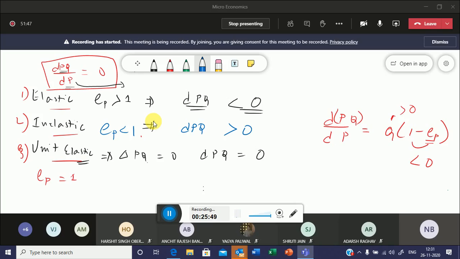Because as a consumer, I don't care about the price. And if I don't care about the price, my decision to reduce the quantity is not going to be as much as I would have reciprocated had my product been elastic. Is that clear?